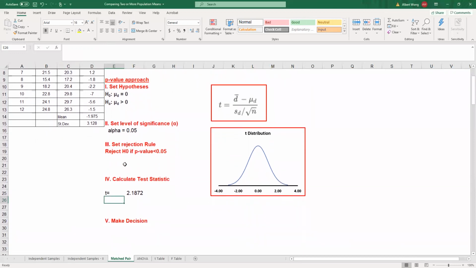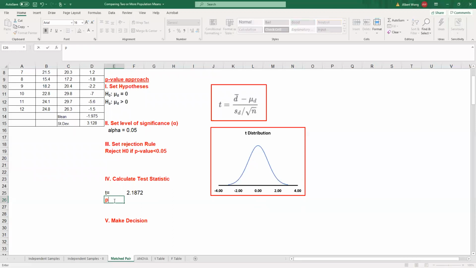And now, how do we calculate the p-value? Well, we again draw a picture. This is an upper tail test, so 2.1872 is here, and we want to look at this upper tail area because this is an upper tail test. So how do you find the area in the upper tail? Well, you calculate the lower tail and you do 1 minus.